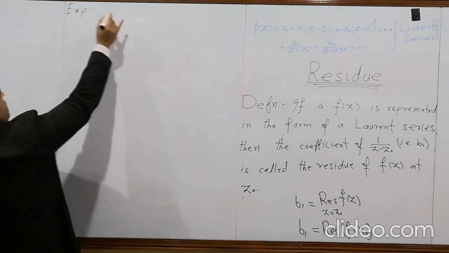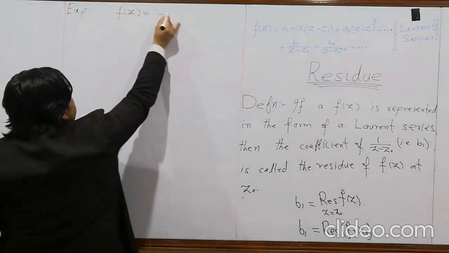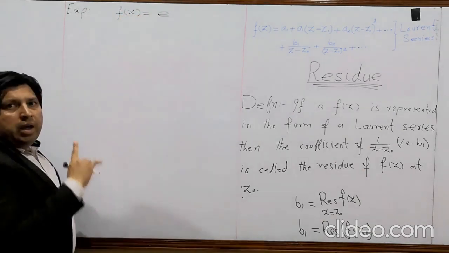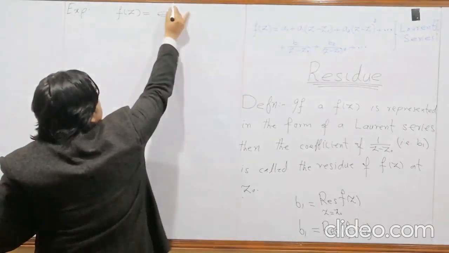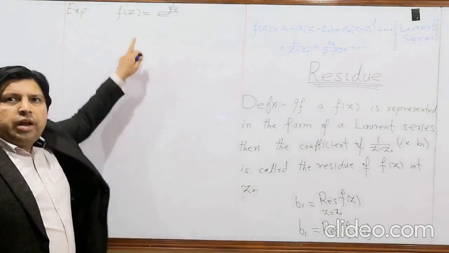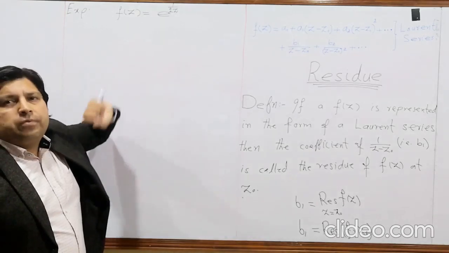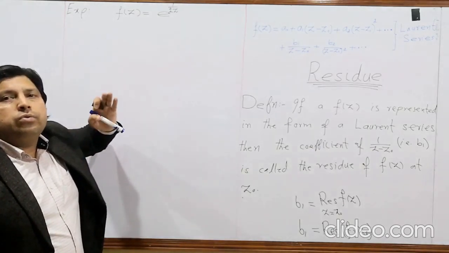Let us take a function f of z is equal to e power 1 over 2z. And the question is, find the residue of this function. Then what we have to do?